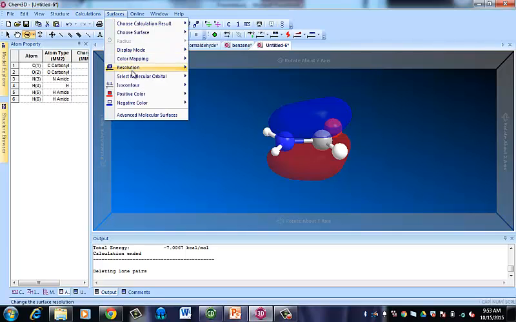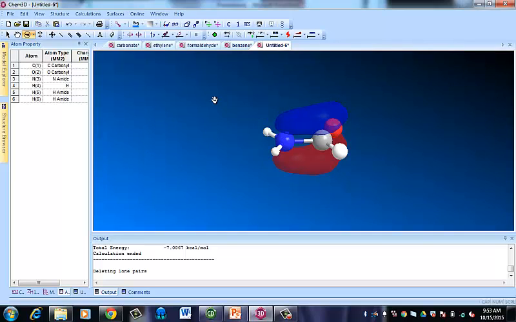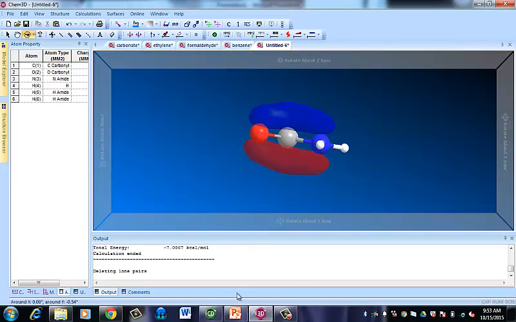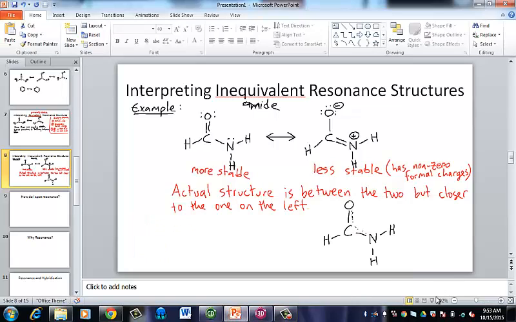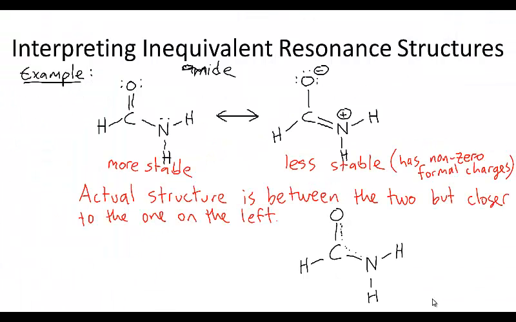And that can be hard to see in this picture. I wonder. Yeah, it's hard to distinguish that, but there is a pi bond that is spread among the three atoms.